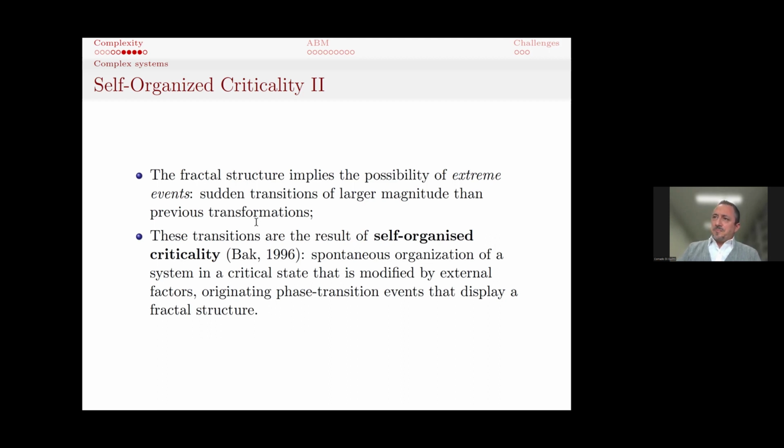So this system is in a situation in which a small shock can generate a larger phase transition, so a transition to a different shape of the system. And the magnitude of this phase transition will display a fractal structure. So if we observe this type of phenomena, we are in the presence of self-organized criticality.